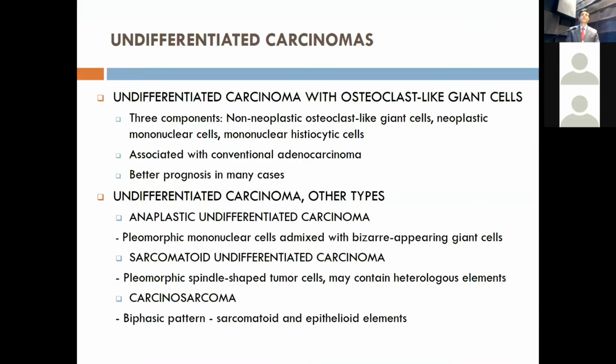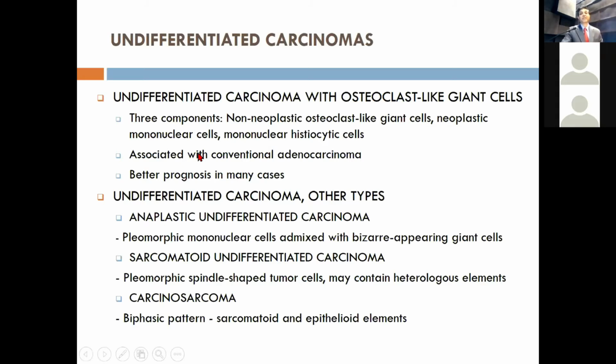So these two cases were examples of undifferentiated carcinomas of the pancreas. They are basically divided into two types, the one with osteoclast-like giant cells and others without. The reason for this is because many studies have shown that the first entity has a significantly better prognosis. And as we saw in the case that I presented, the patient is still alive after 5 years.